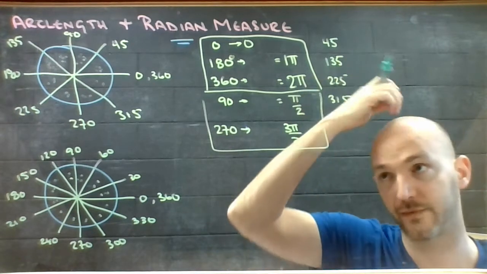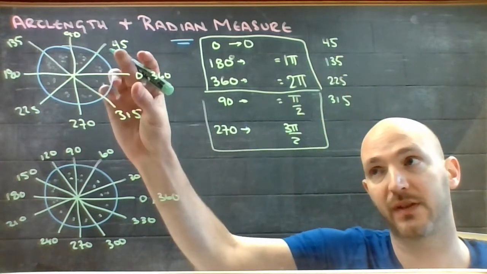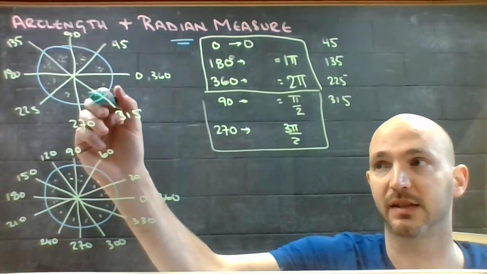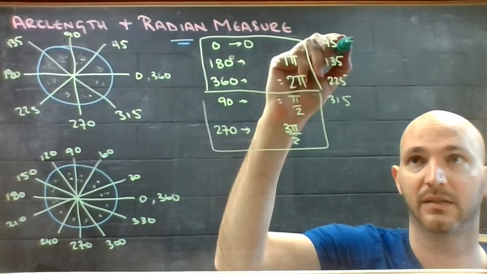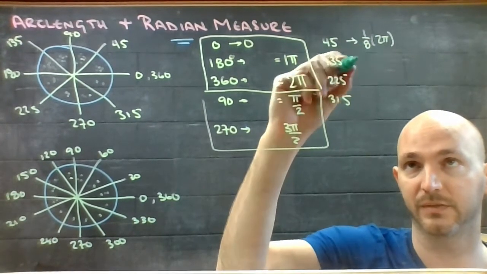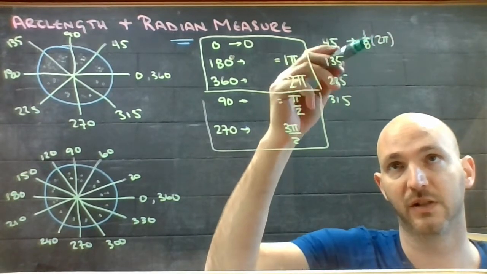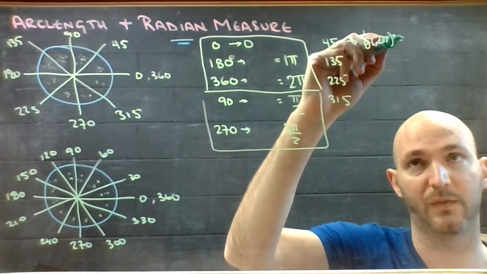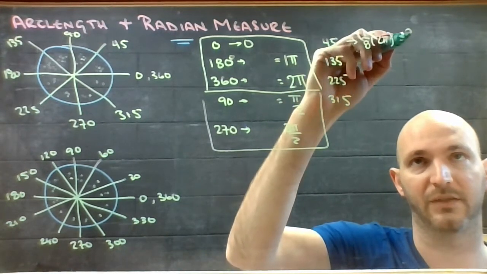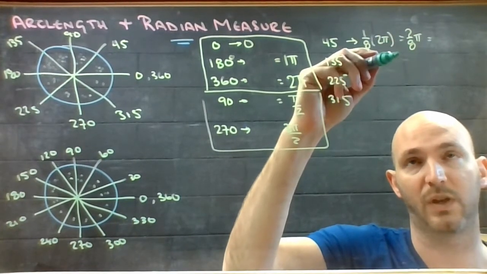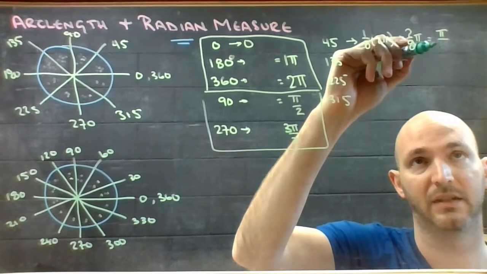If I go to 45, 45 is going to be 1 out of 1, 2, 3, 4, 5, 6, 7, 8. So that's 1 out of 8 multiplied by my reference circle. 2 times 1 is 2. 2 out of 8 is the same as 1 over 4. Let me write that. 2 out of 8 pi. This reduces to 1 over 4 pi, which is pi over 4.